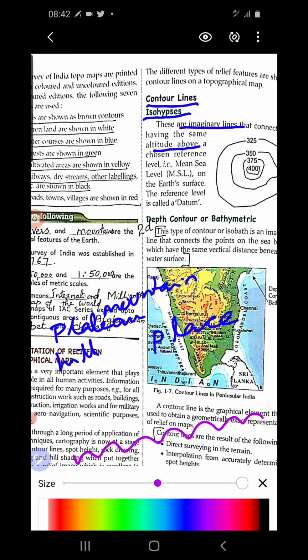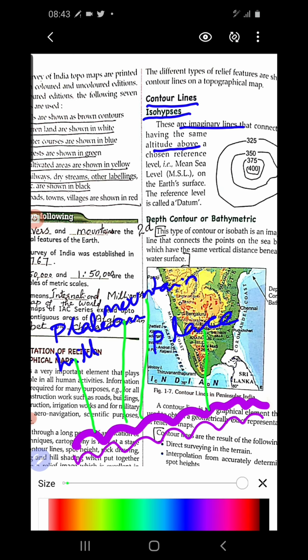They calculate the height of a place from the sea level. From here to here a mountain, from here to here a plateau, from here to here a hill. Accordingly they calculate the height of a place. So always they see mean sea level.